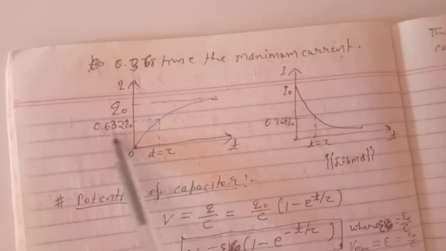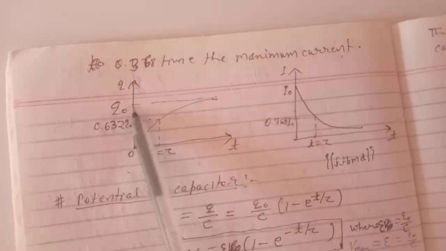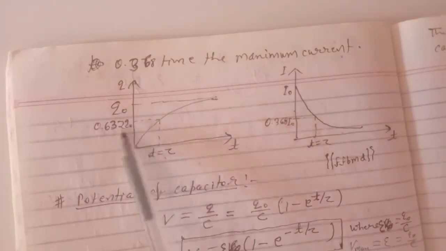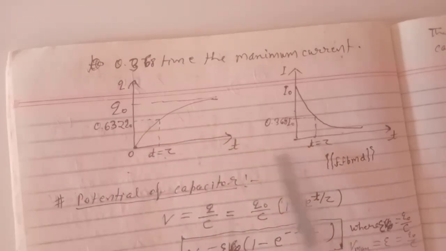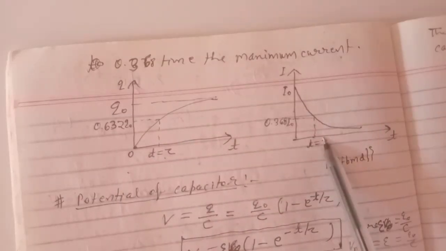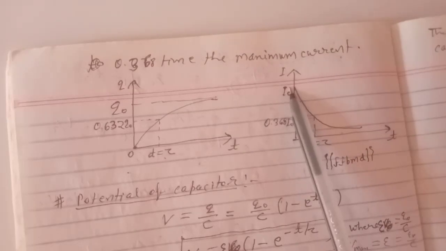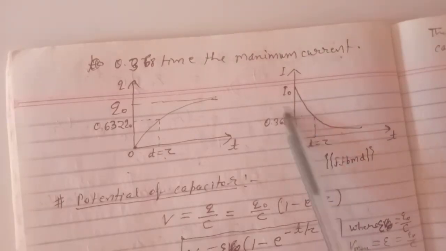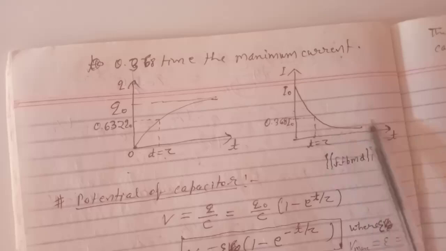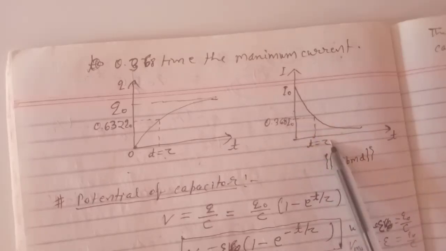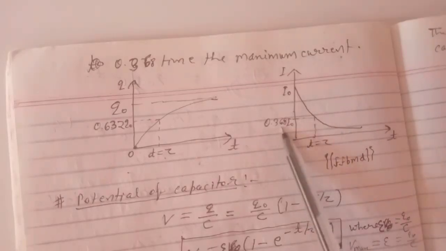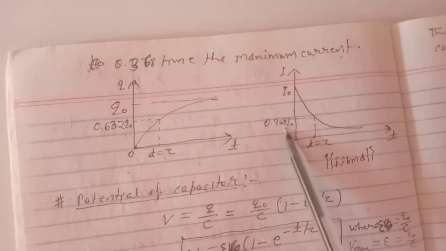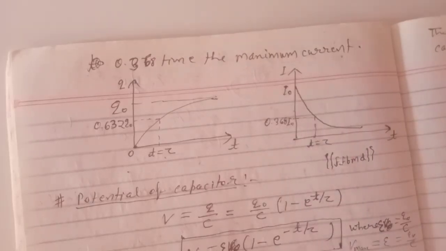That is, q naught is the maximum value of charge, and it becomes 0.632 of q naught. Similarly, in this case, initially current was maximum, but as time passes, current decreases to 0, and at t equal to tau, its value is 0.368 of I naught.